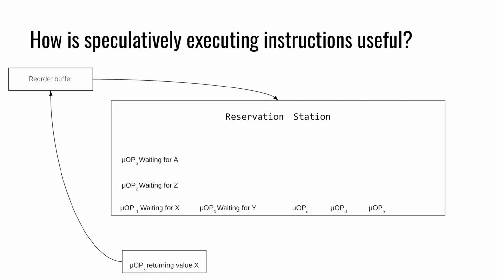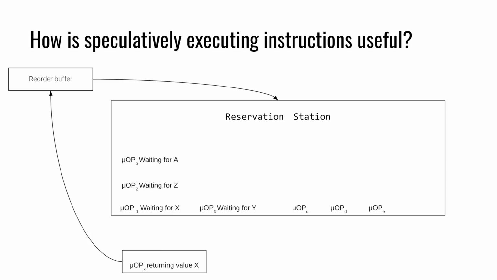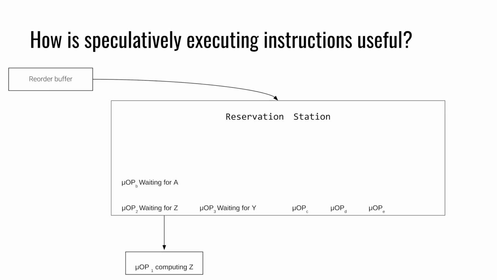And this happens dynamically in real time as the microcode is being executed. So once X has been passed back to the reorder buffer, the reservation station will get updated so that microcode operation 1 here that was waiting for X is now leaving the reservation station to go compute Z. And we see here that microcode operation 2 is waiting for Z.